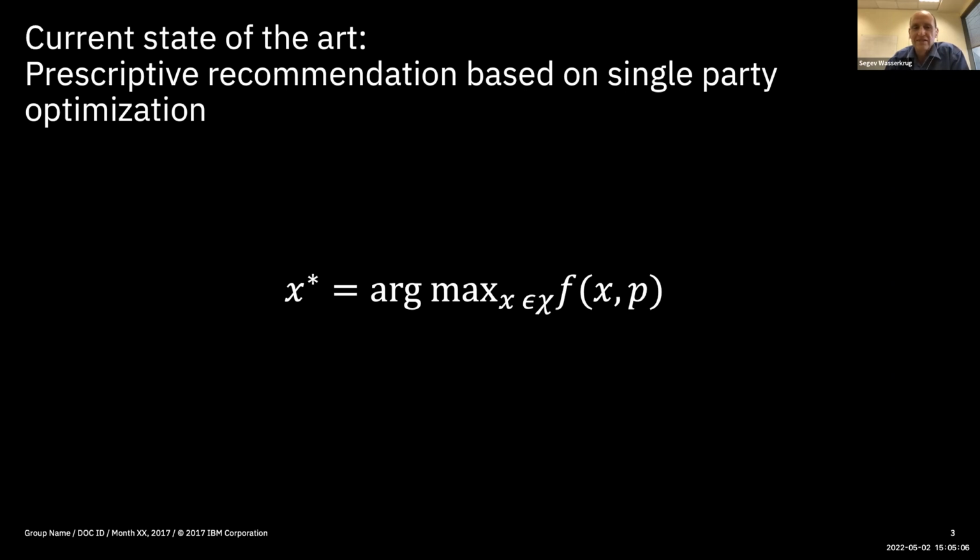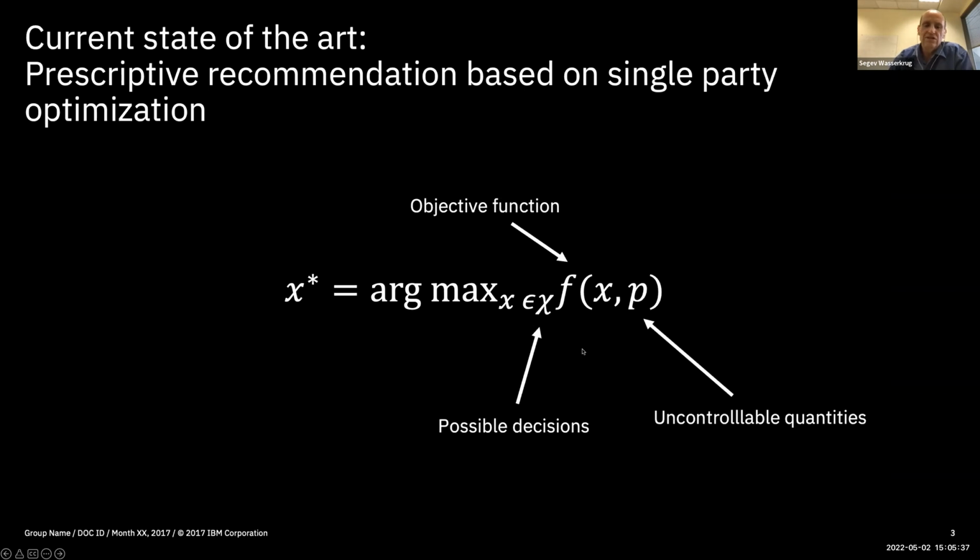You have a set of decisions, denoted by this big X, and you want to find the best decision that belongs to X. This also contains all the constraints on the possible decision, and you want to take the best decision so as to optimize some objective function, which here is denoted by F. You also often have a set of inputs that you can't control.